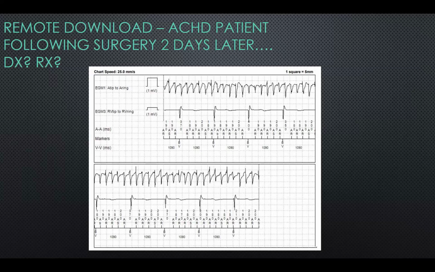So in this case, I actually did try to atrially pace this patient out multiple times. On a few occasions, I was able to induce atrial fibrillation for 4 to 6 beats, but it immediately went back into this rhythm.